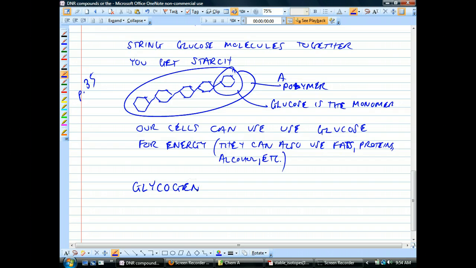I mentioned that your body can't make starch. So how does your body store glucose? Well, you might think it stores it as fat, and it's true it can store energy as fat. So it can take the energy from glucose and make it fat.